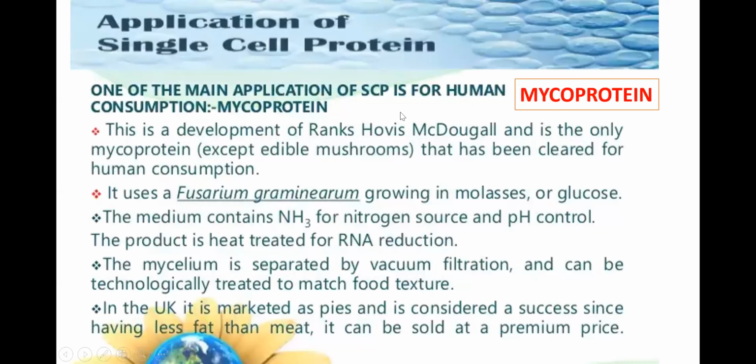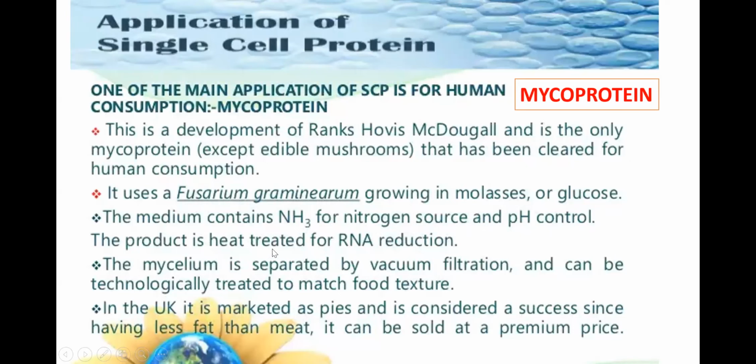So as I mentioned just now, one of these SCPs is called mycoprotein. Yeah, originally it was grown using this microbe called Fusarium graminearum. Okay? Using molasses, which is a kind of brown sugar, or we can also use glucose to grow. And using ammonia, NH3, as a nitrogen source, and also to control the pH to be within 6 to 7.